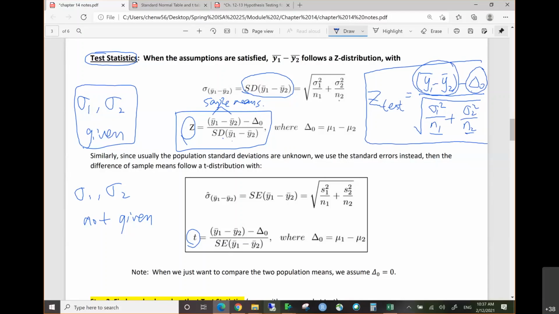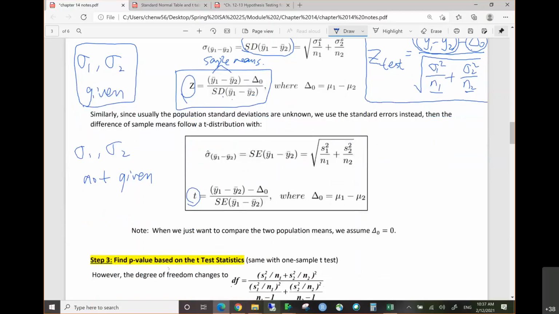So the z-test statistic can be calculated. And then, a very, very similar idea: when the population standard deviation is not given, we do not have the z-test statistic. We have the t-test statistic.